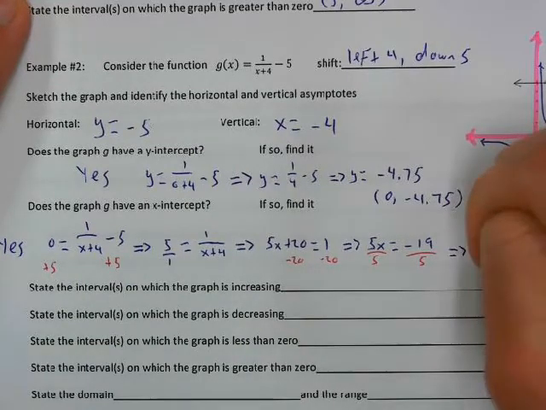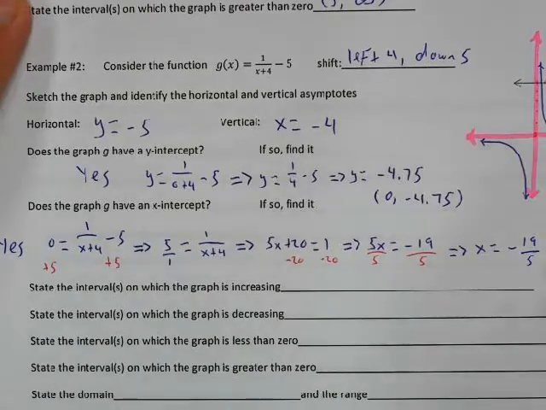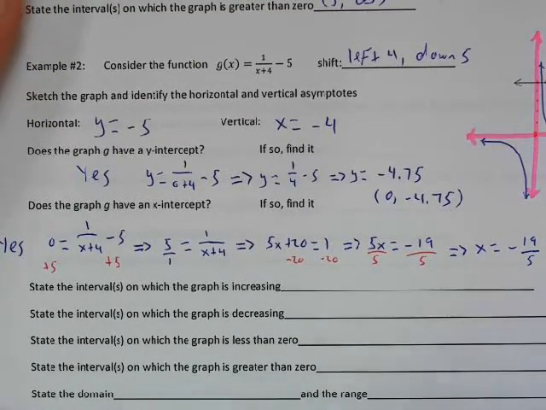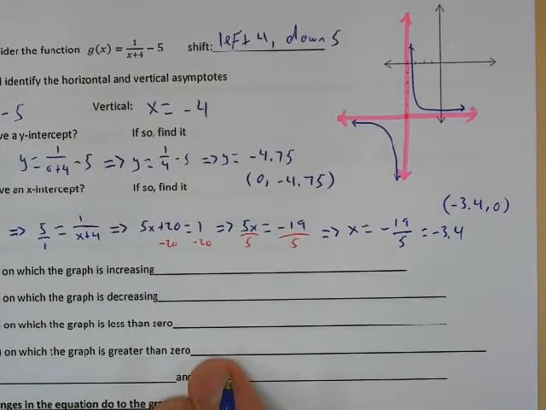And we get x equals -19 over 5, which is -3.4. Okay, so then our x-intercept is at (-3.4, 0), which, like we said, looks like it's somewhere between -3 and -4, so we're feeling good about that answer. Sorry about that. Didn't realize you couldn't see that.